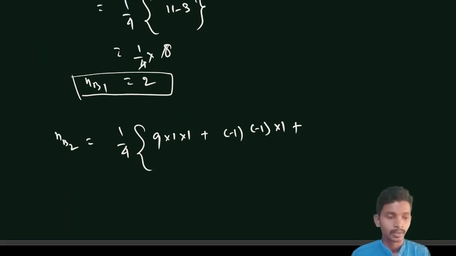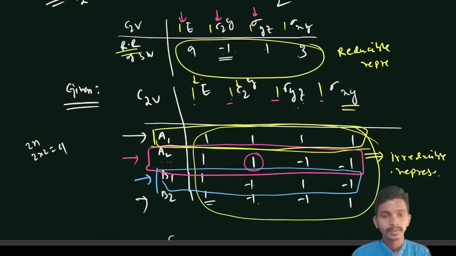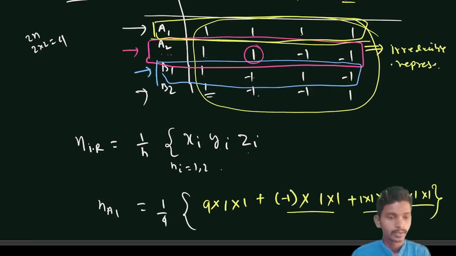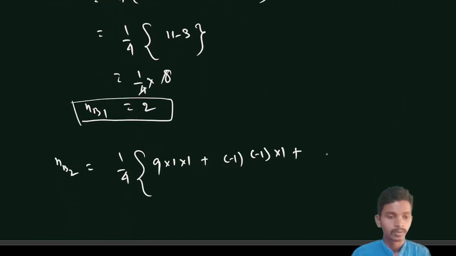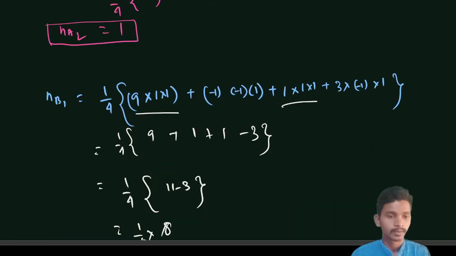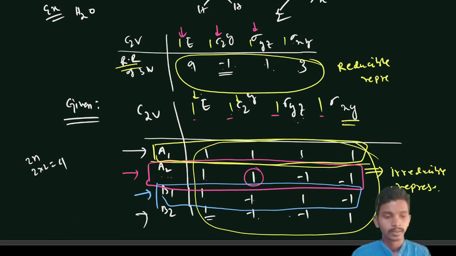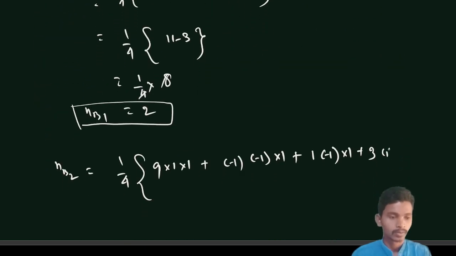That is the coefficient 1, and that is the C2 case. This is 1, sigma yz is 1, and this is also minus 1. So that is 1, and that is minus 1, and this is 1, and that is 3, and that is 1, 1 into 1.